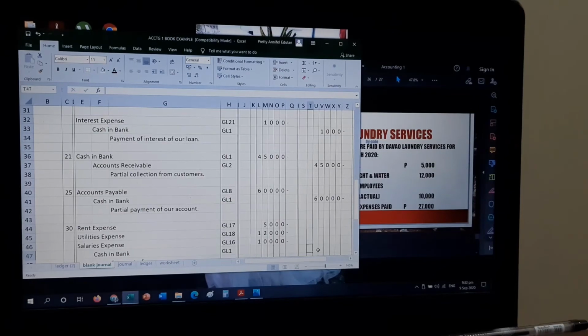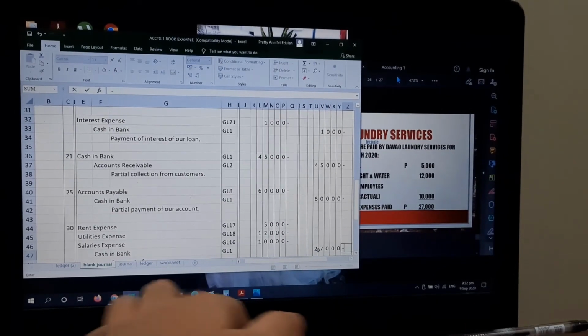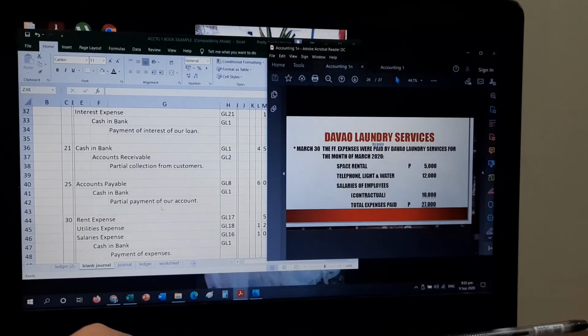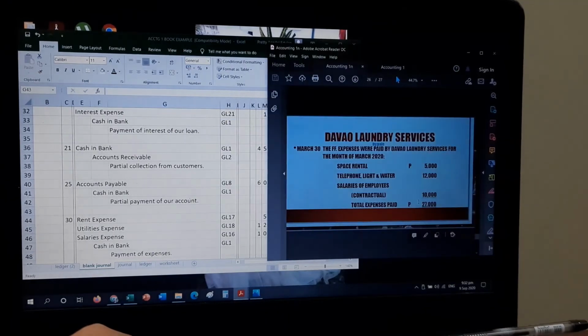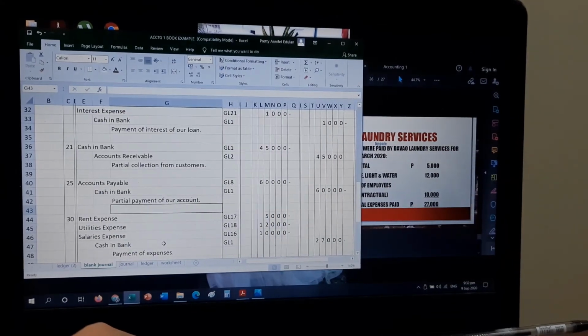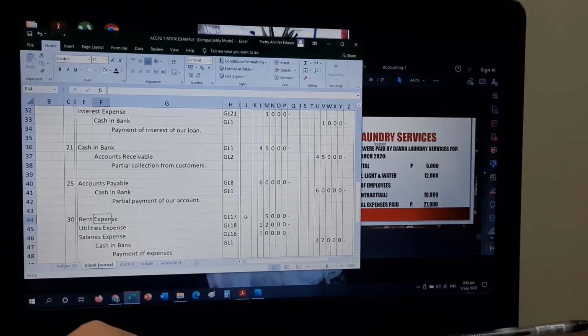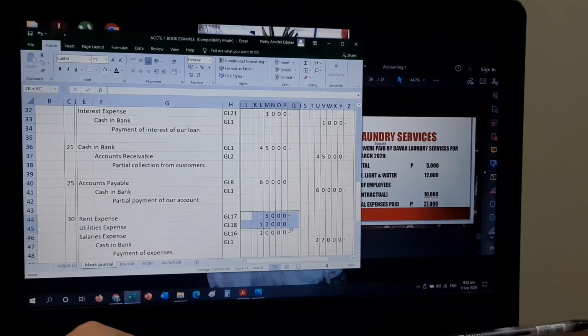That should be 27,000. So please do not automatically copy the amount presented in the problem because sometimes there may be errors. Actually, that's part of auditing. The purpose of debit and credit is the double entry system, so your debit must be equal to your credit.